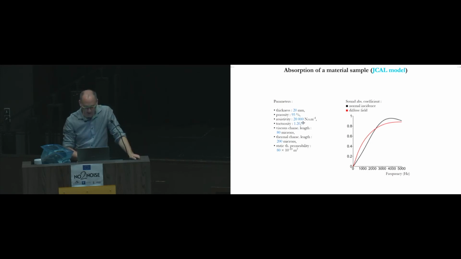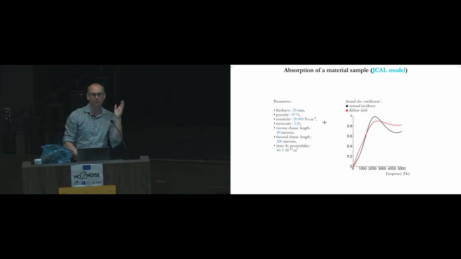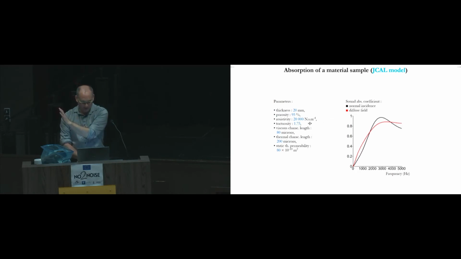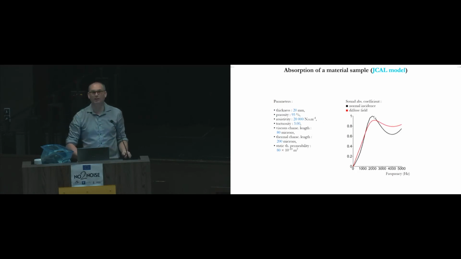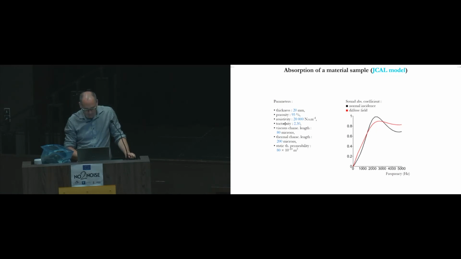And you can change the tortuosity. So you see that the tortuosity just moves the first peak to the low frequency, and this peak is just because we have a quarter wavelength resonance of the air motion inside the porous material. You can see the effect of the resistivity.